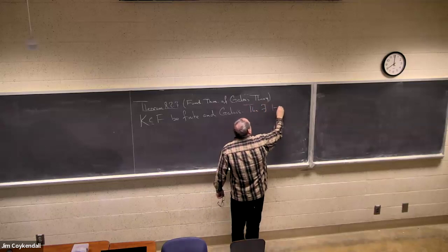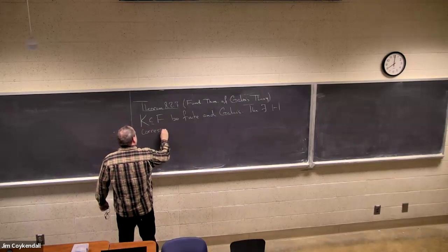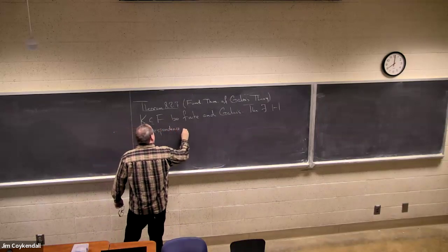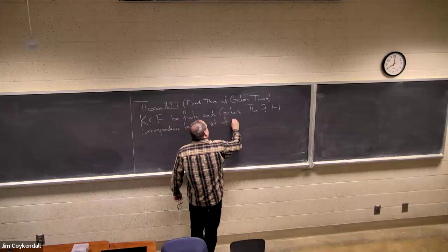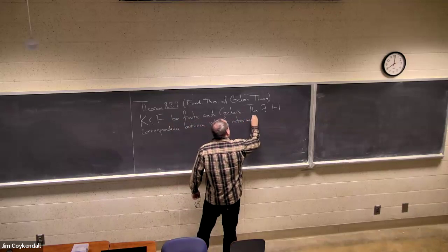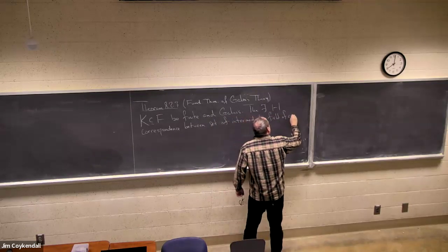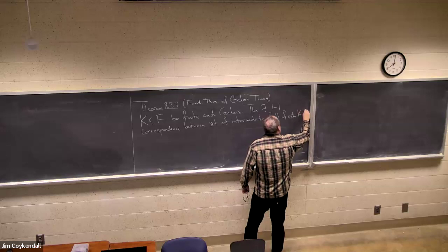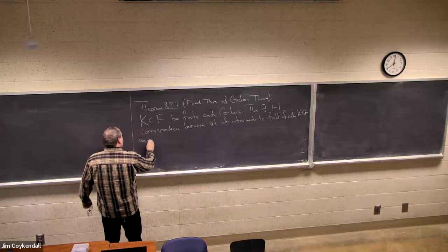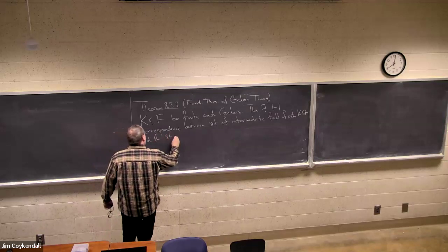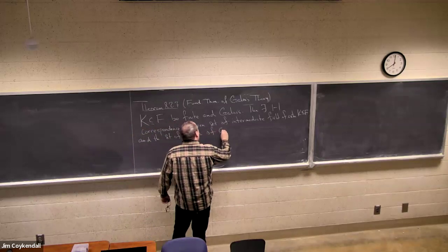Then there exists a one-to-one correspondence between the set of intermediate fields of the extension K inside F and the set of subgroups of the Galois group.